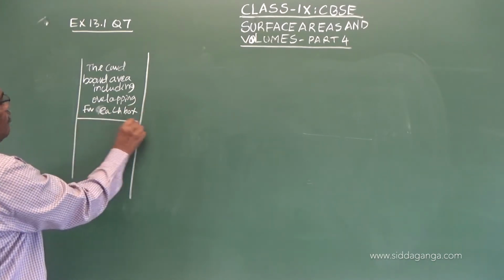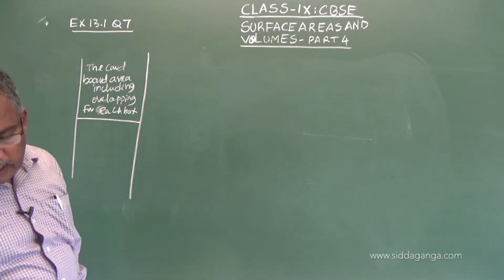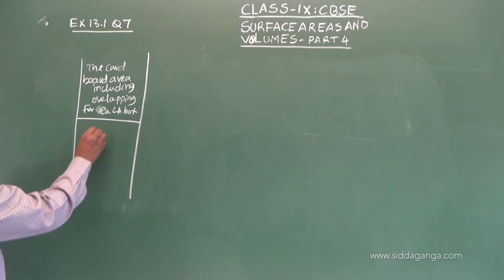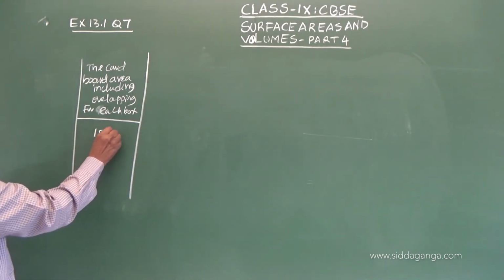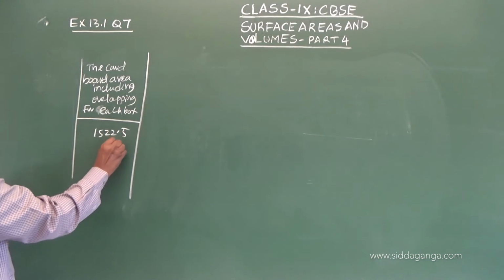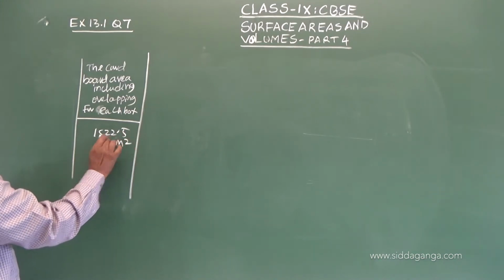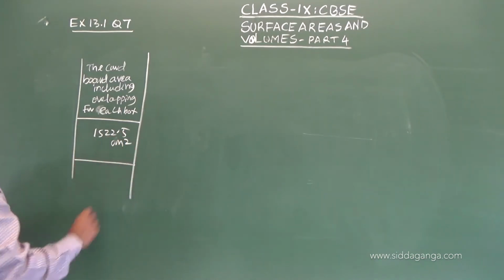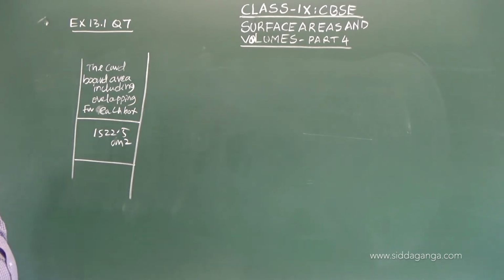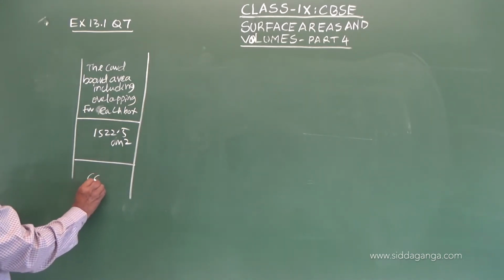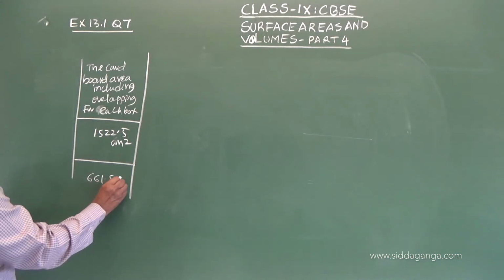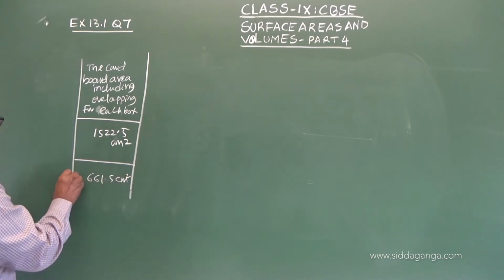So for each box we have calculated, it is 1522.5 centimeter square, and for the smaller box it was 661.5 centimeter square.